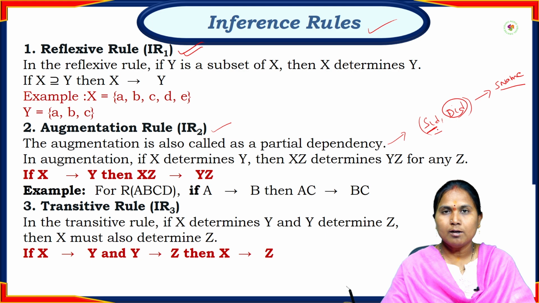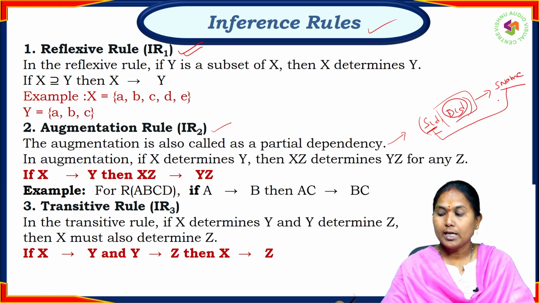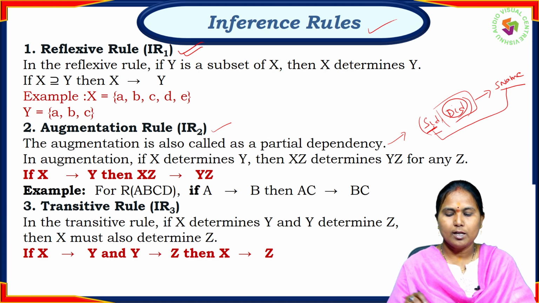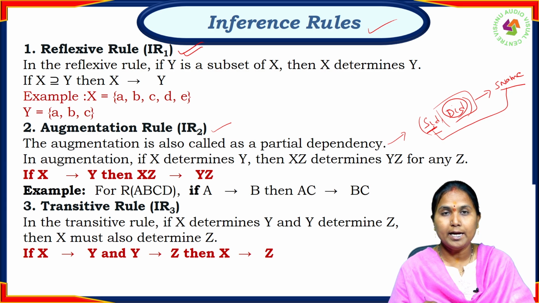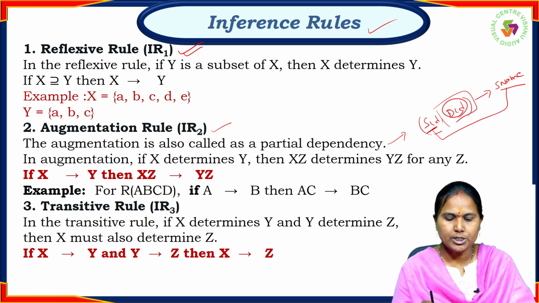This means 50% of the attribute association exists among these two, and the remaining attribute is not associated. This is called the partial dependency set. The dependent partially depends upon the determinant attribute. The augmentation is called a partial dependency set. If x determines y, then xz determines yz.